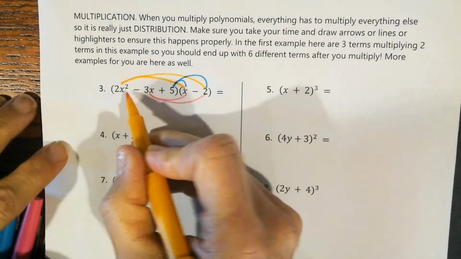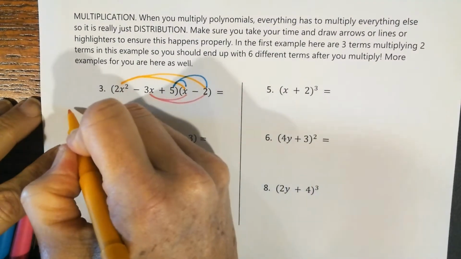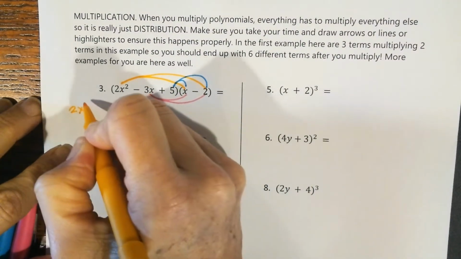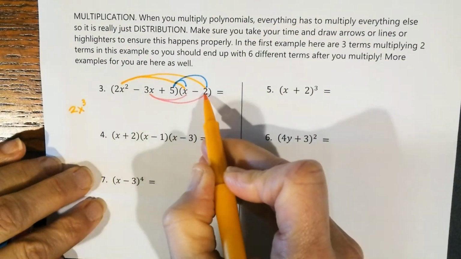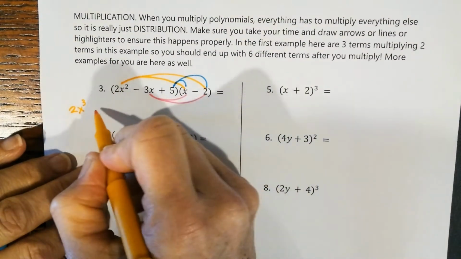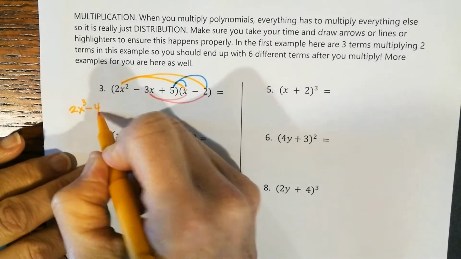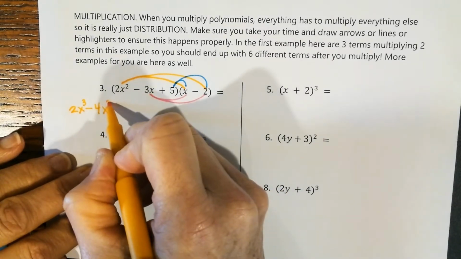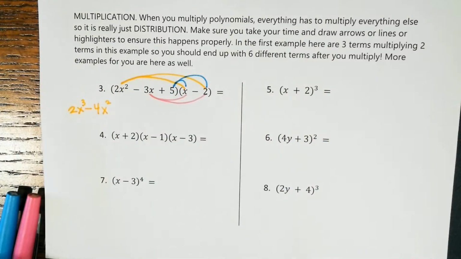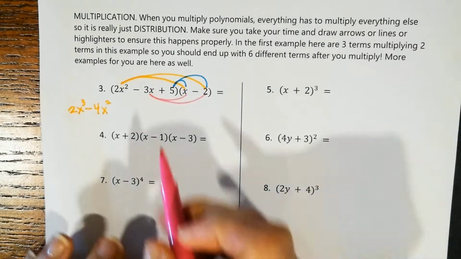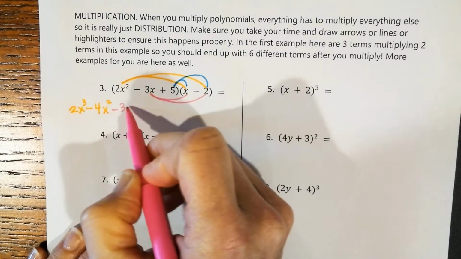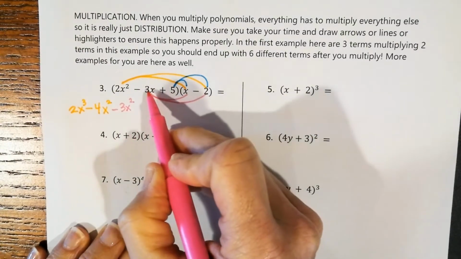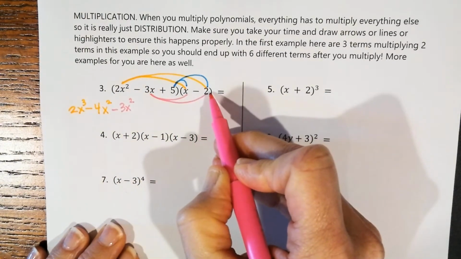So 2x squared times x is going to give you 2x to the third. 2x squared times minus 2, follow the yellow lines, is going to be minus 4x squared. In the middle, the pink is going to be minus 3x times x, so that's minus 3x squared, and minus 3x times minus 2.